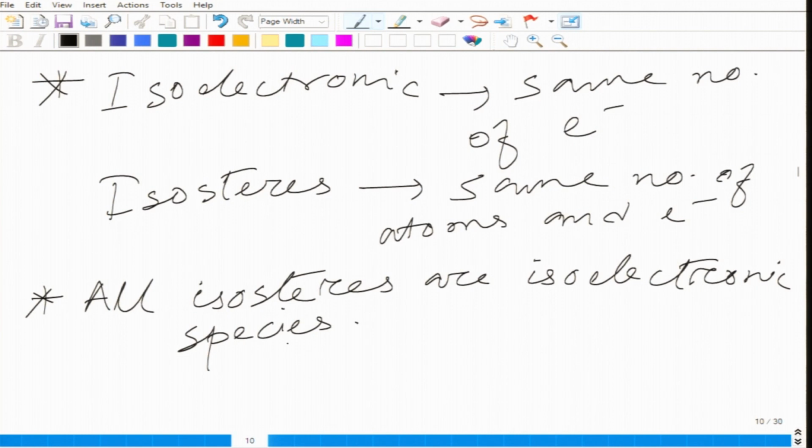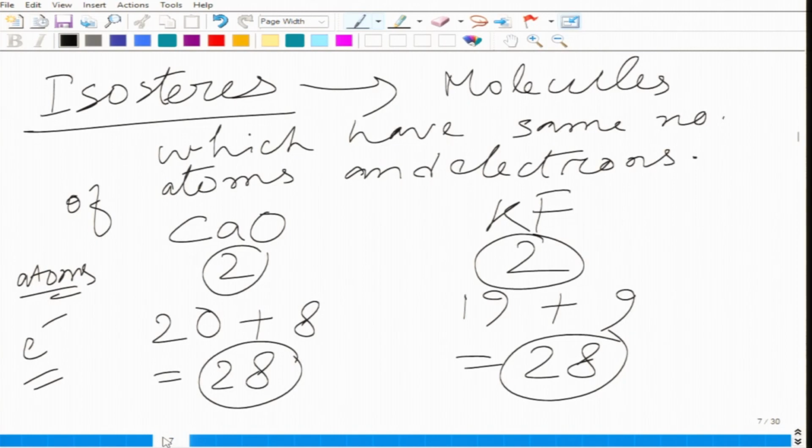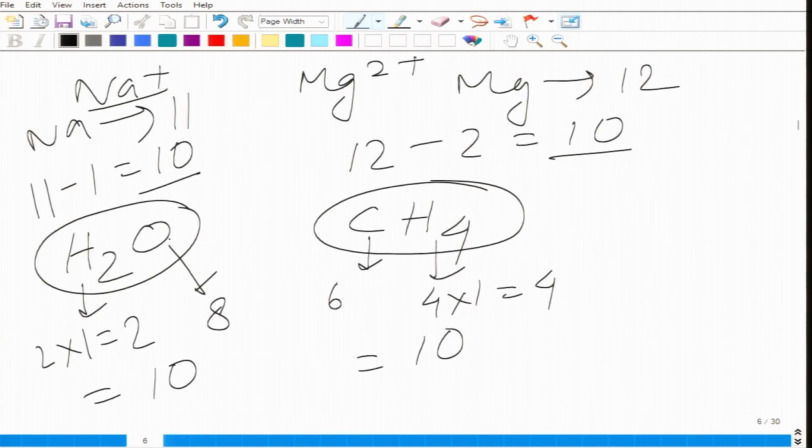But the reverse is not true, because isosters have the same number of atoms, while isoelectronic species may or may not have the same number of atoms. Like water and methane, they were isoelectronic species, right? But in water, how many atoms are there? 2 hydrogen and 1 oxygen, so 3 atoms. For methane, 1 carbon and 4 hydrogen, so 5 atoms.